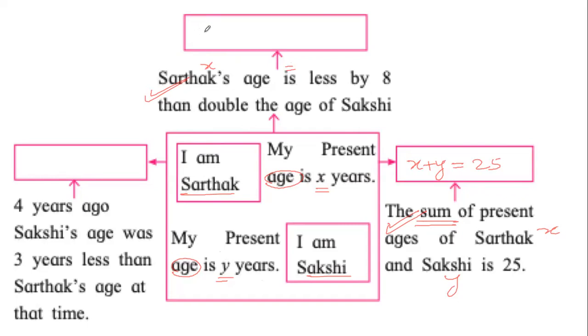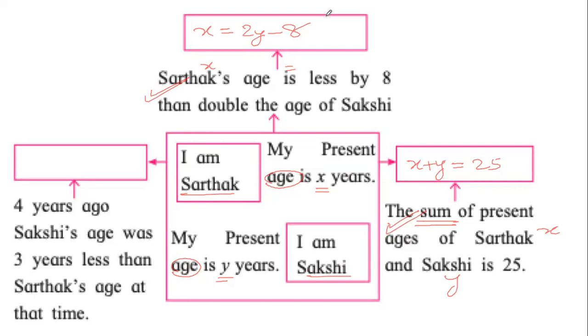So we can write Sarthak's age X equals double the age of Sakshi minus 8. We can simplify it and write it in the usual form, but the initial equation that we get by reading the statement is this: X equals 2Y minus 8. Please confirm. Thank you very much.